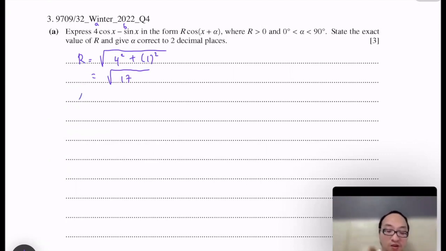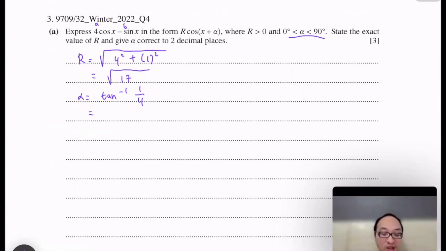And for alpha, we can use tangent inverse of 1 over 4, which equals, we have to answer this in degrees, since the result will be in degrees.